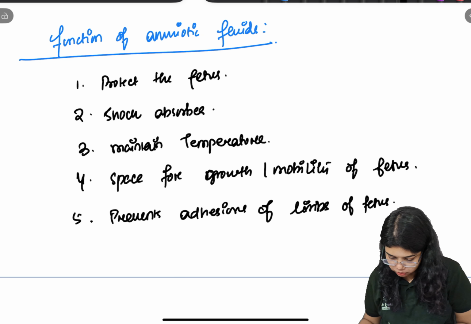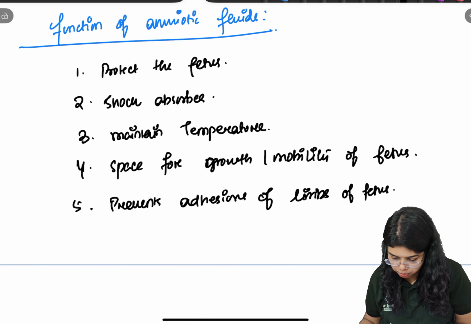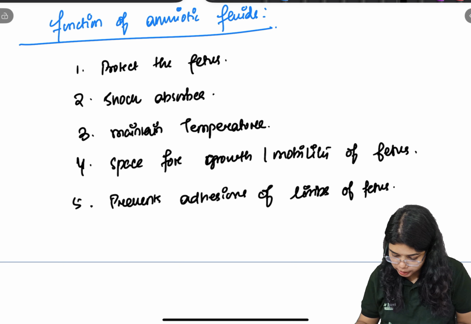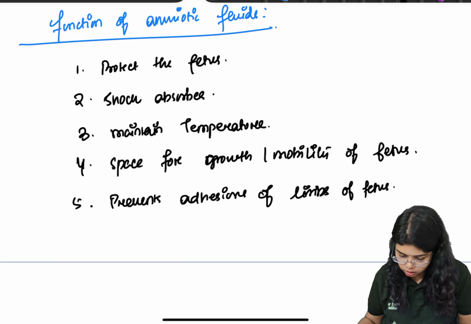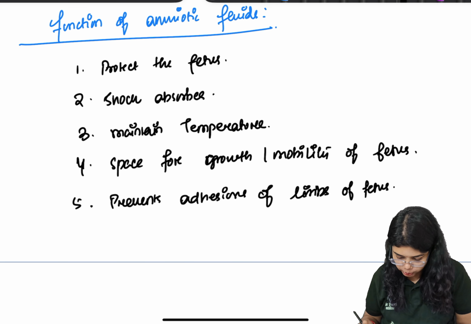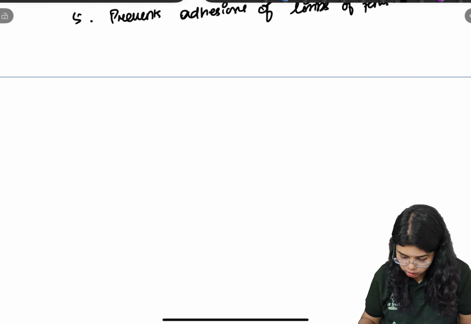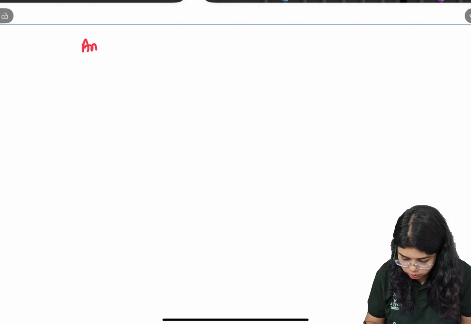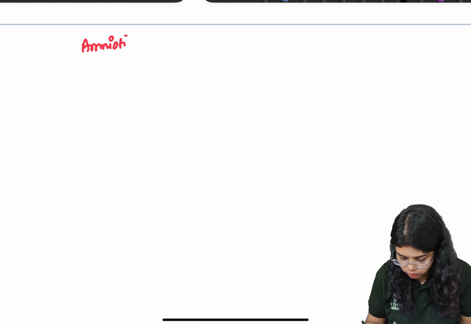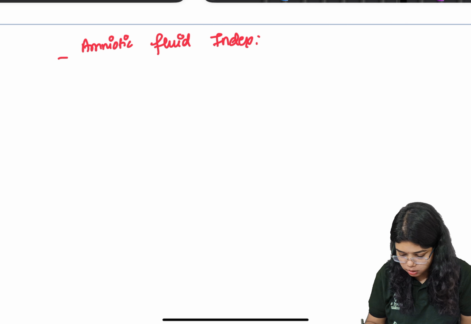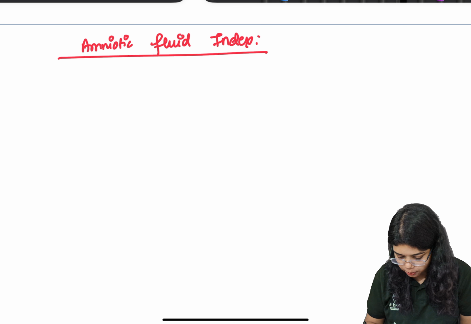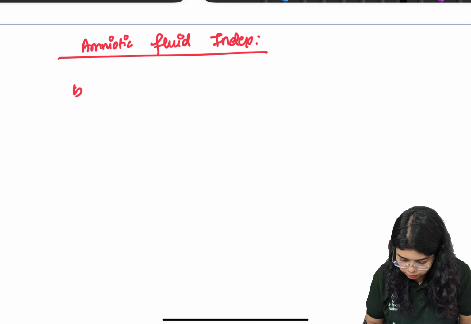Then also we have to remember the amniotic fluid index. See, what is the normal amniotic fluid index, which is assessed in the ultrasound? In centimeter, the normal is 5 to 25 centimeter.